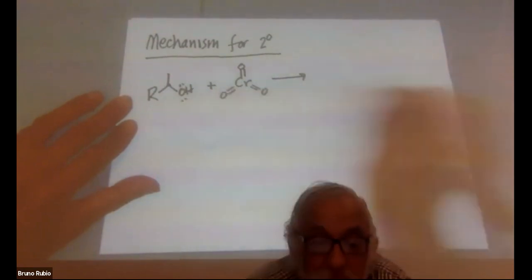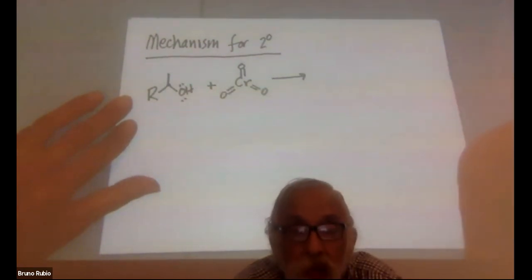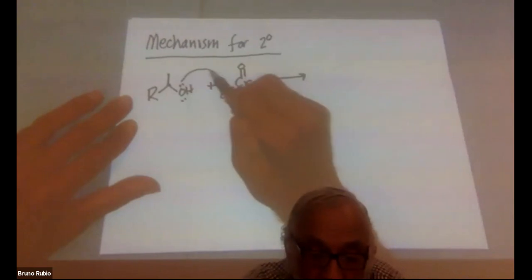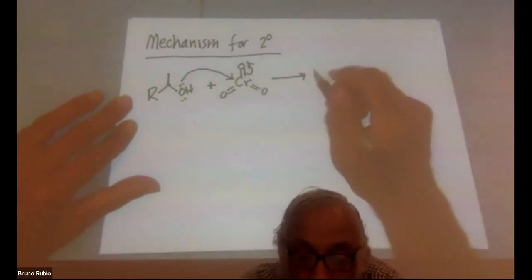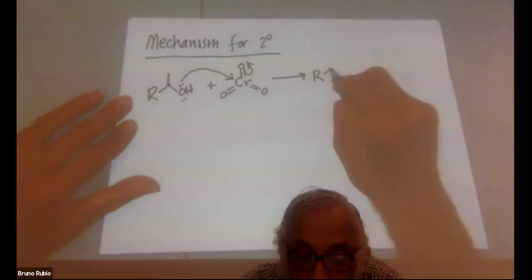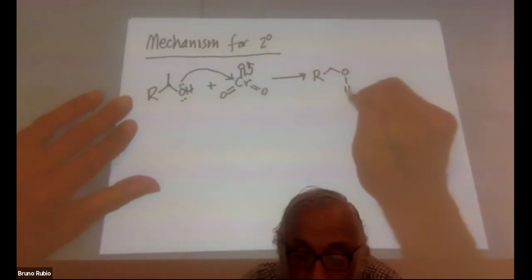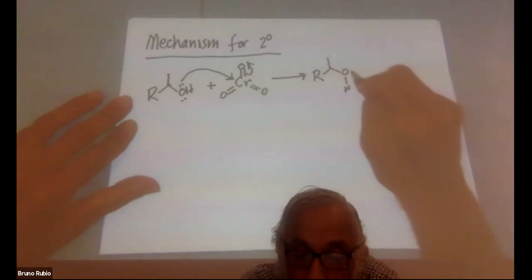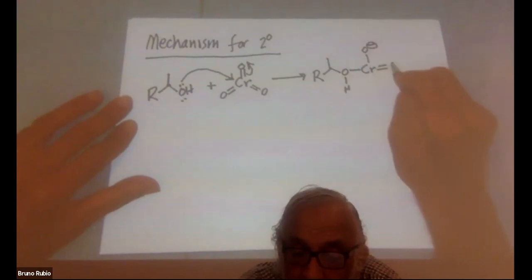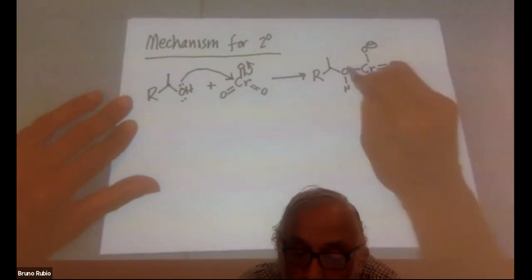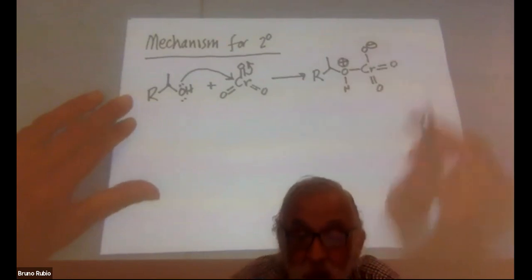And we said that the chromium is an electrophile. It's bonded to all of this highly electronegative oxygen, and so that chromium atom is starved for electrons. It's electron poor, and so the first step would be the attack of the nucleophilic oxygen on the chromium center to give this intermediate.